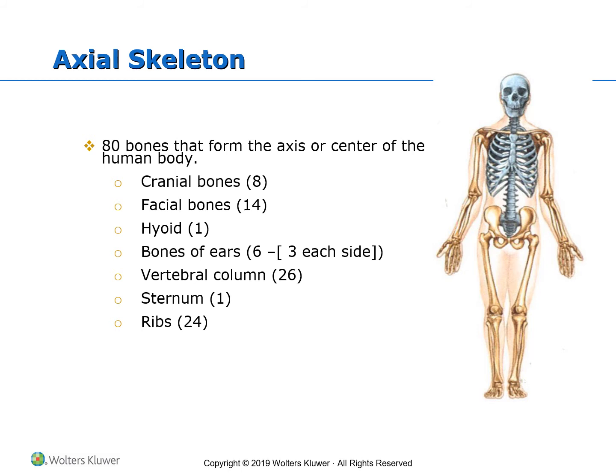It kind of lives over there on itself, and it's connected just with muscles. Bones of the ear are 6, 3 on each side. Vertebral column, the spine will have 26, sternum is 1, and we have 24 ribs, 12 on each side.